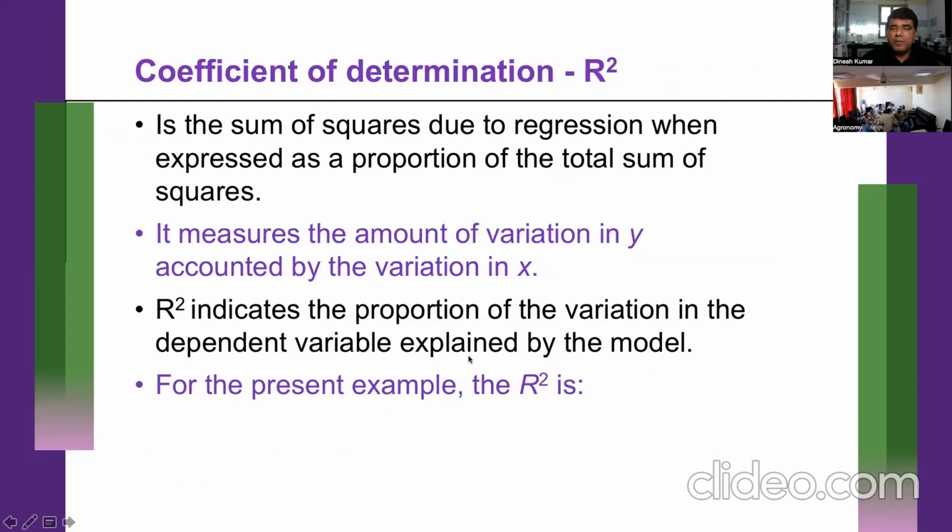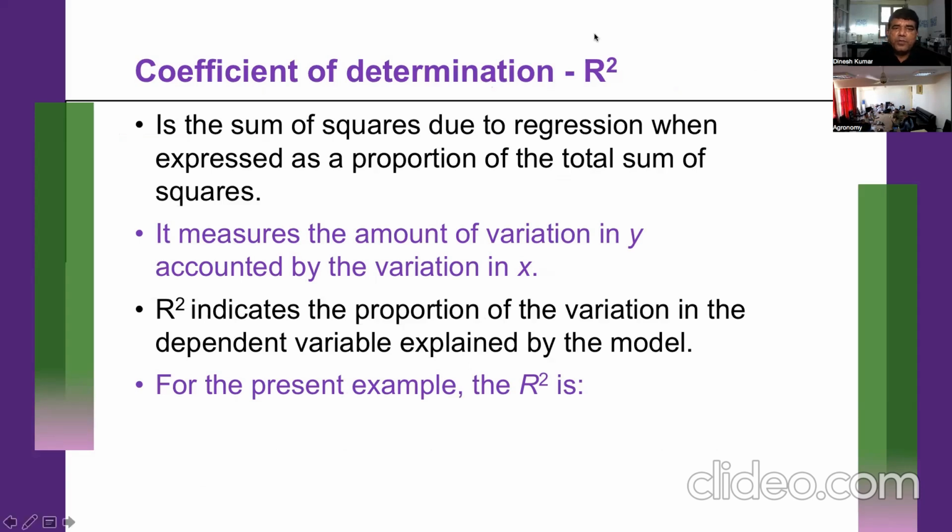Now, let us have some interesting points about the coefficient of determination. What is the coefficient of determination? To be very simple, the square of the correlation coefficient is the coefficient of determination. But it can be defined in different ways.